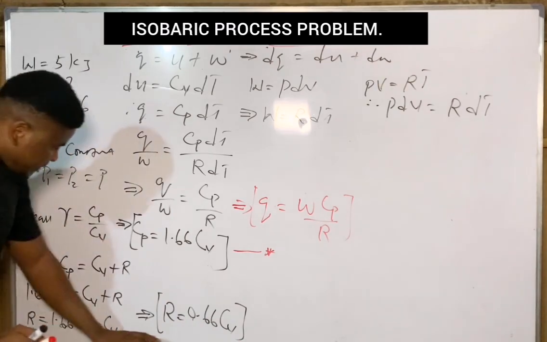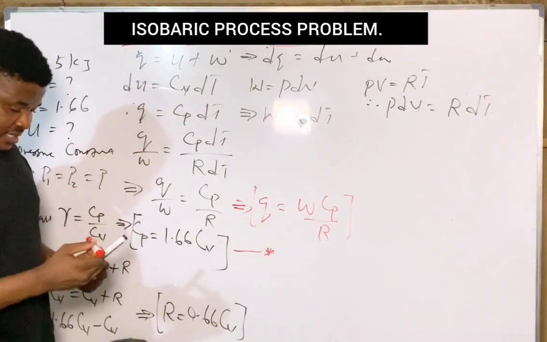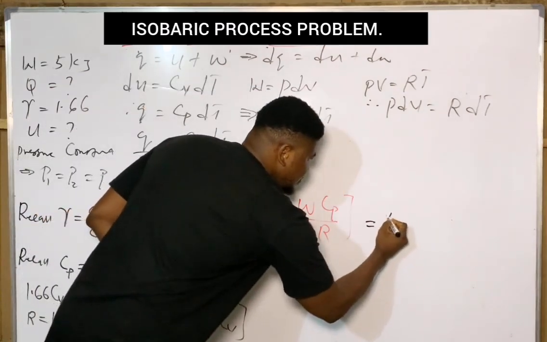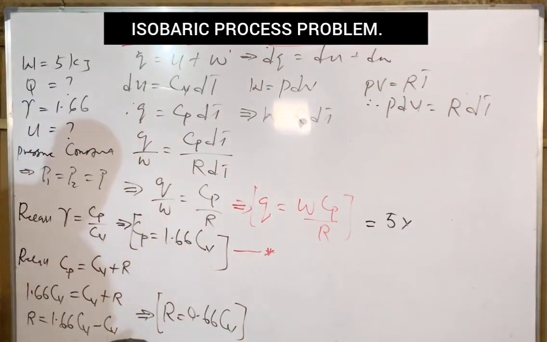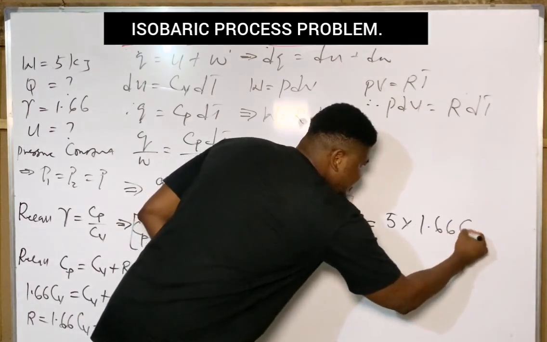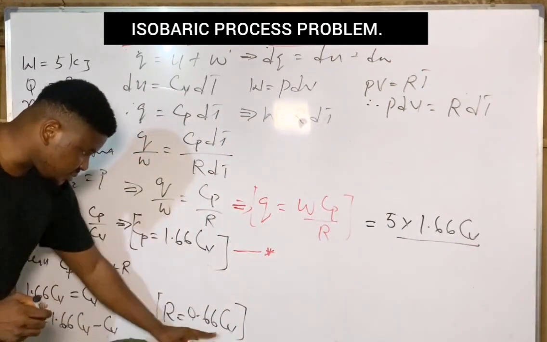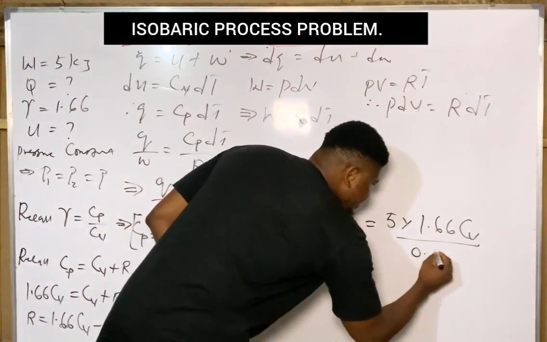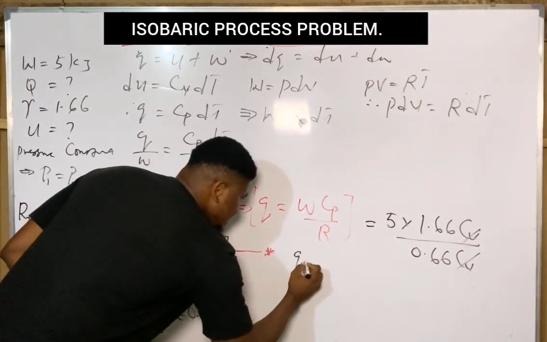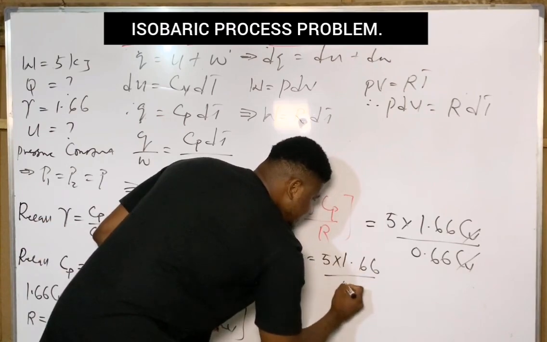So from here, if we have R and Cp, we simply plug into this equation to find the value of our heat. Heat is equal to work, given as 5 kilojoules, multiplied by Cp. The value of Cp is 1.66 Cv, all over R, and R itself is 0.66 Cv. Cv cancels Cv. This means that the heat supplied equals 5 times 1.66 divided by 0.66.